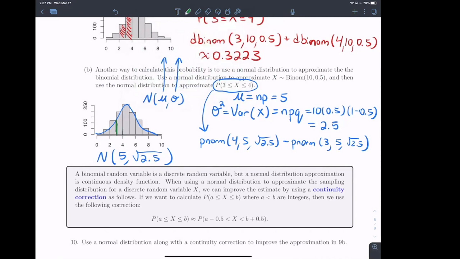So what that would do is calculate the area right beneath the normal distribution over the interval from 3 to 4. So it's going to calculate this green area over here. And that comes out to approximately 0.161. Any questions so far?